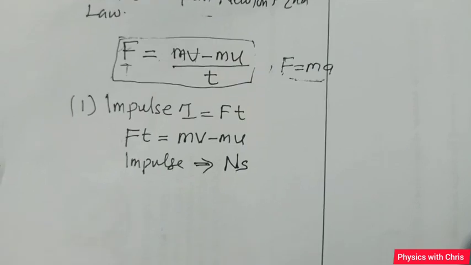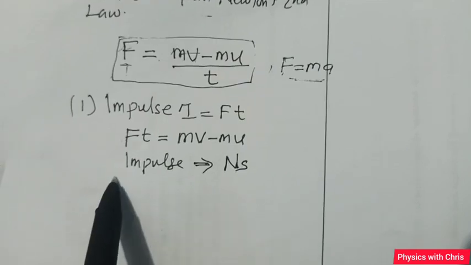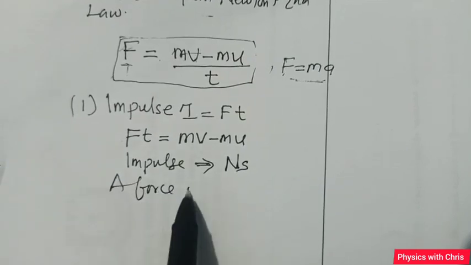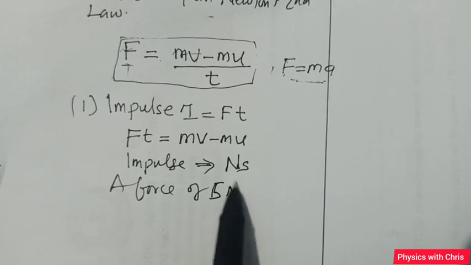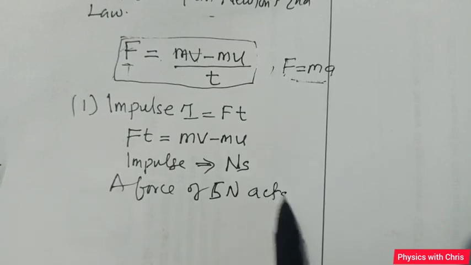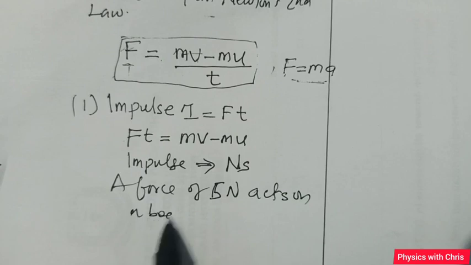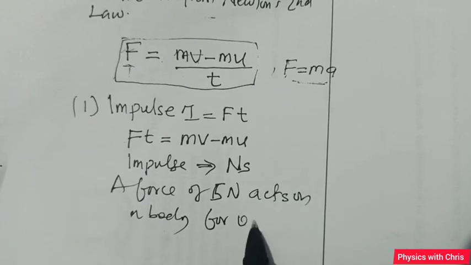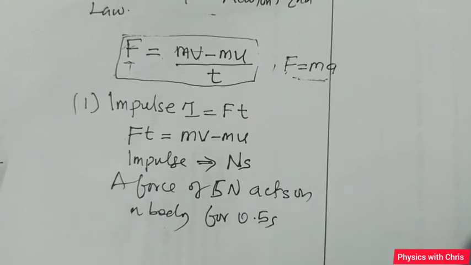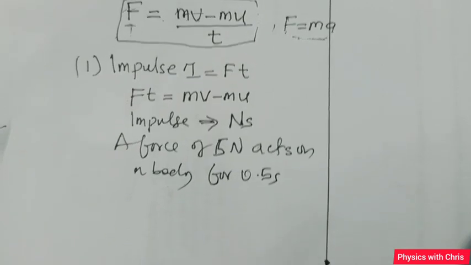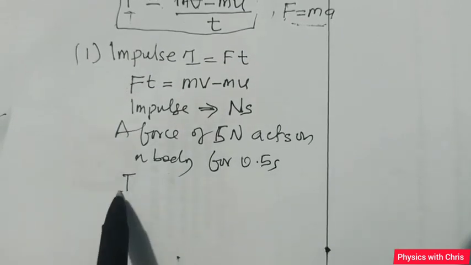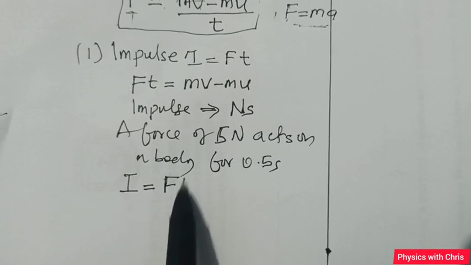Let's see a case where a force of 5 Newton acts on a body for, let's say, 0.5 seconds. What is the impulse received by the body? The impulse is the product of the force and the time taken.